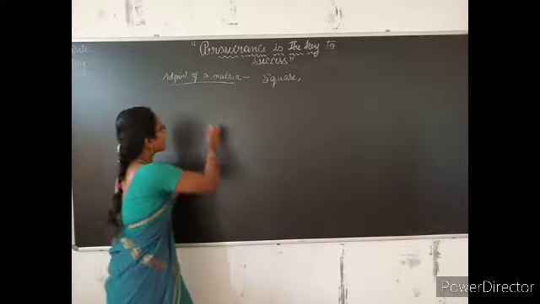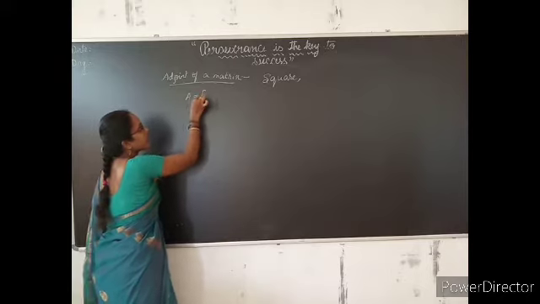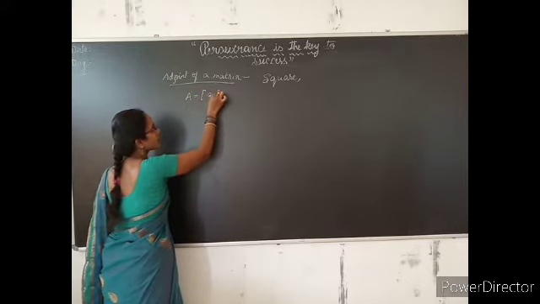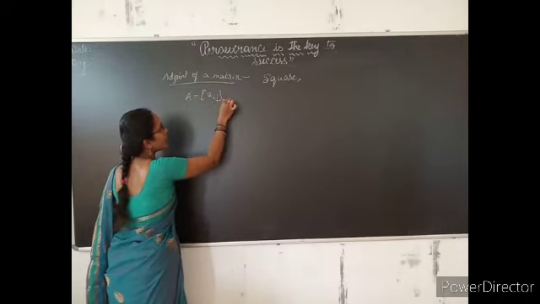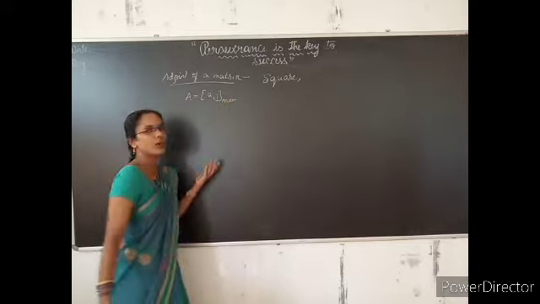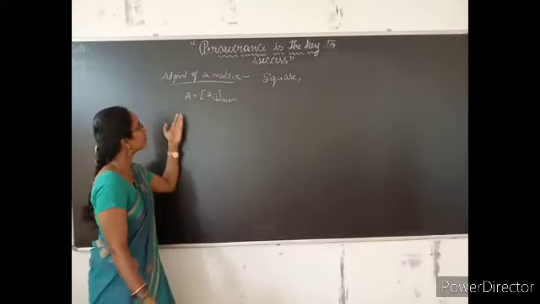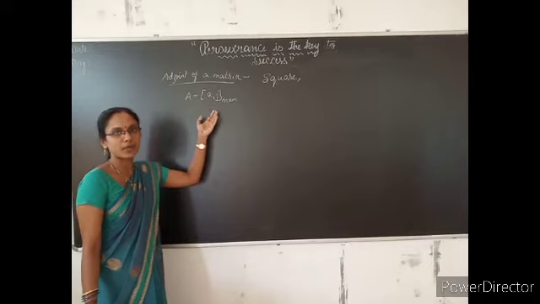Let the square matrix A equal Aij of order n by n. So A is a square matrix.